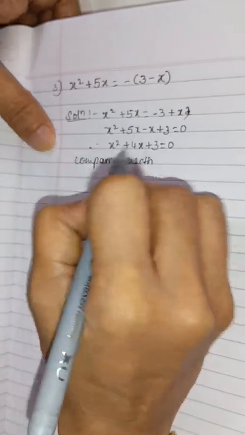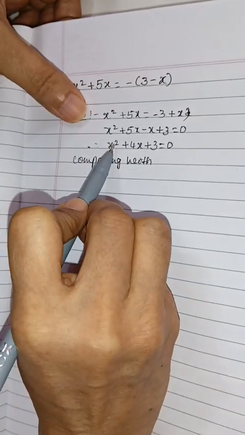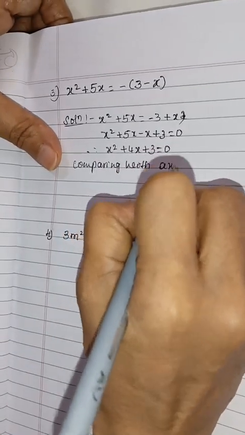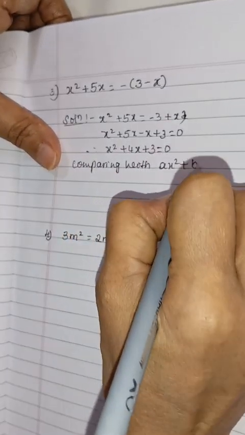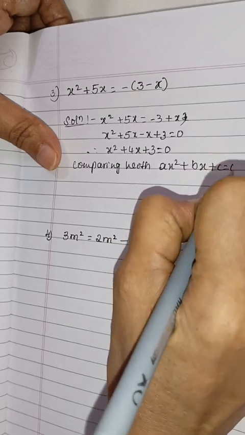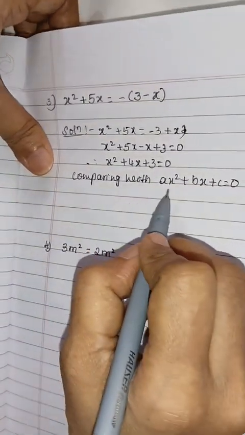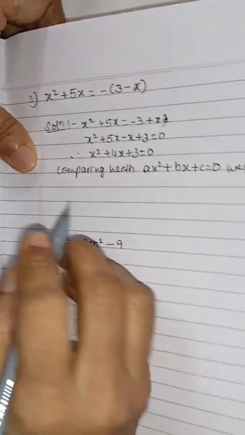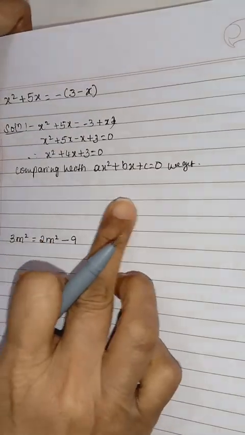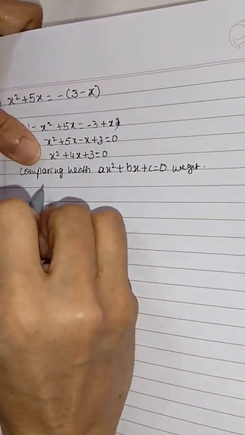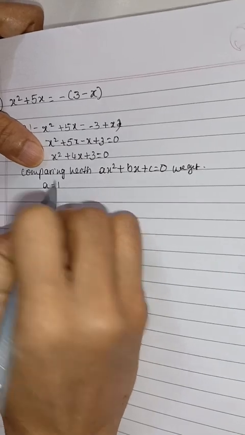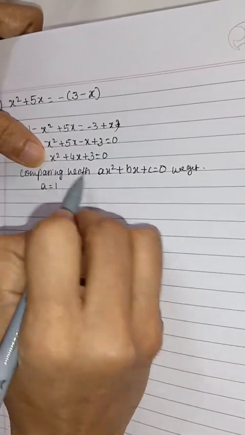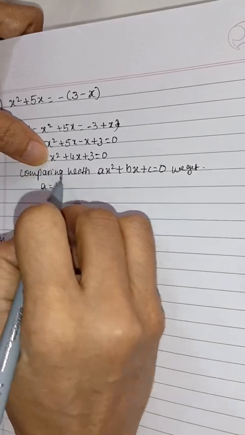This has become a quadratic equation now. Index is 2, variable only x. Now comparing with standard formula ax square plus bx plus c equal to 0, we get a is 1, nothing means 1.